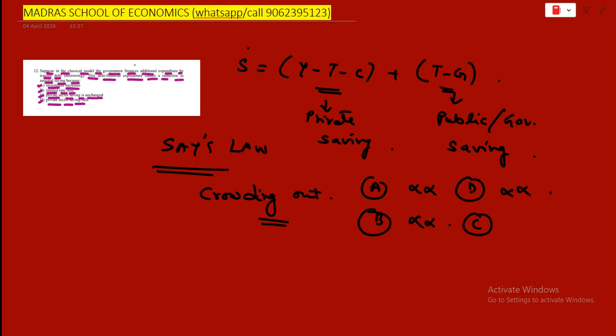Now in the classical model, output Y is fixed at the full employment level, and unless there is a specific behavioral change in the households, which usually is not the standard classical starting point, the private saving remains constant. Therefore the drop in public saving directly reduces the total national saving.